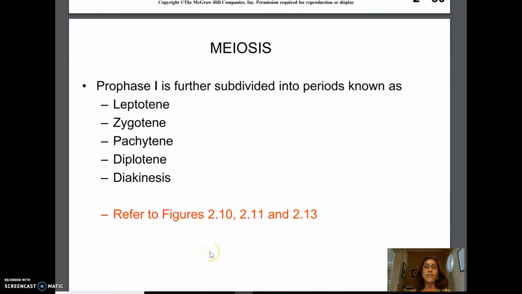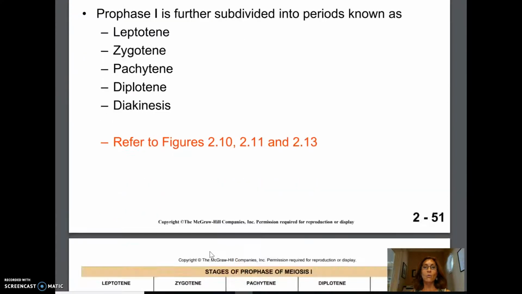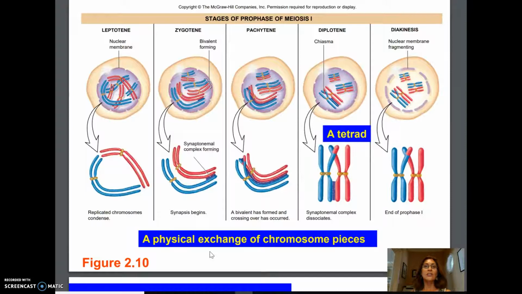Prophase 1 itself is further subdivided into five different periods: the leptotene, the zygotene, pachytene, diplotene, and diakinesis. What's going on during all of this? These are important steps for what we call crossing over to occur.